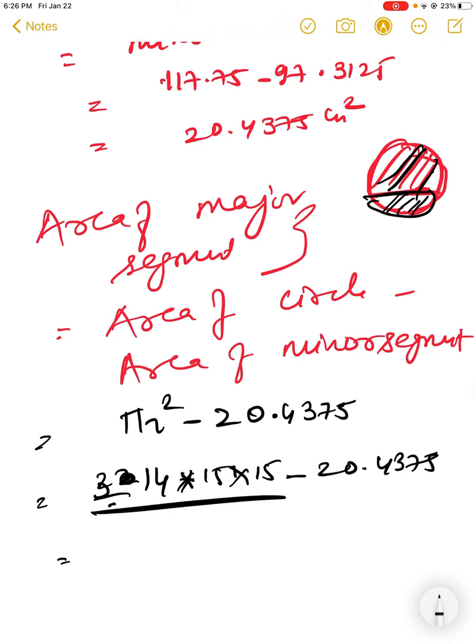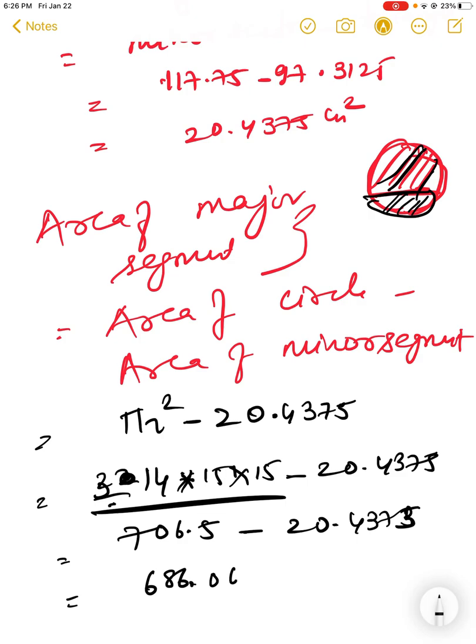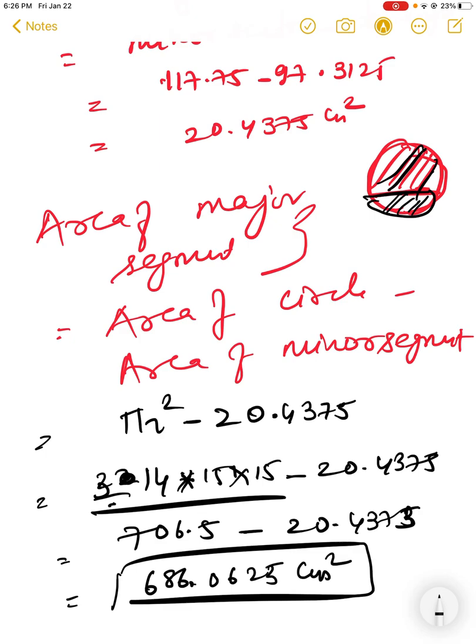If you multiply this, we get 706.5 minus 20.4375. It comes to be 686.0625 centimeters square. This is the answer.